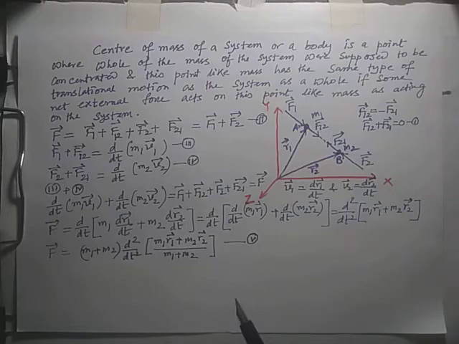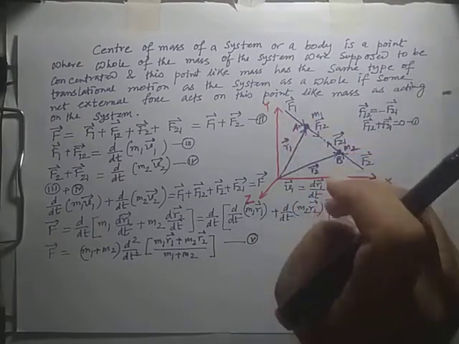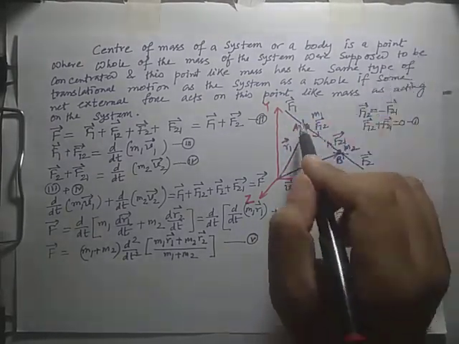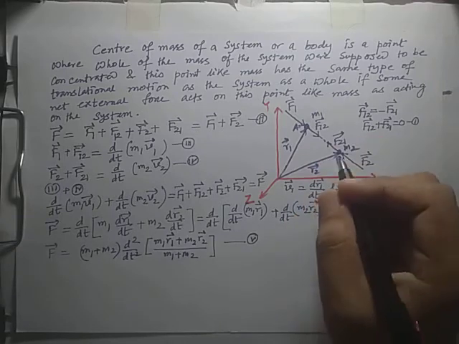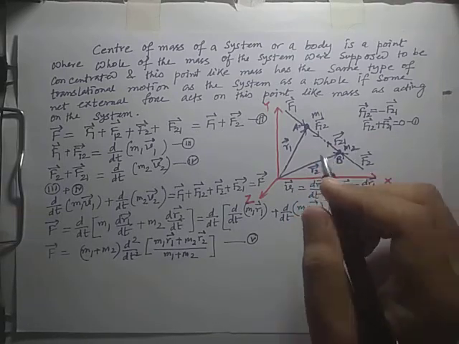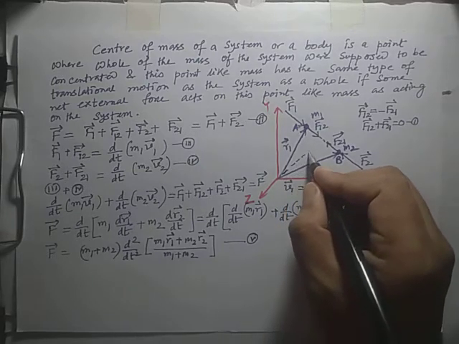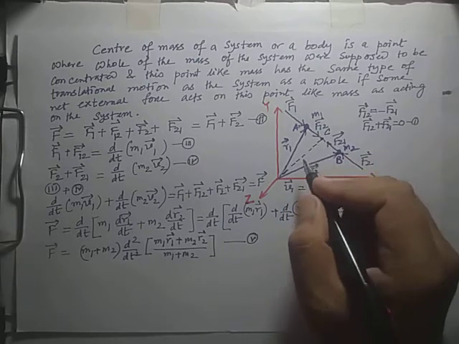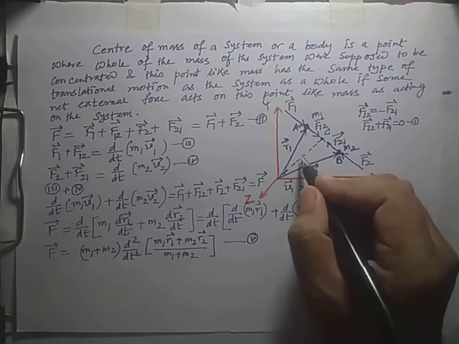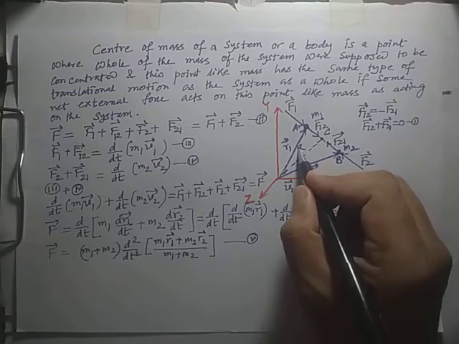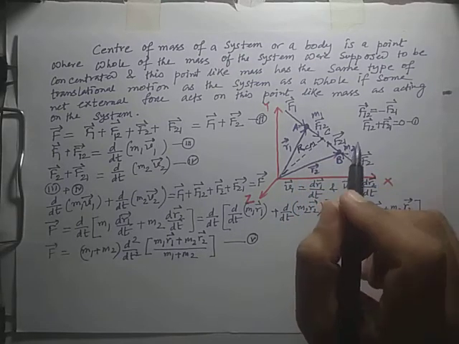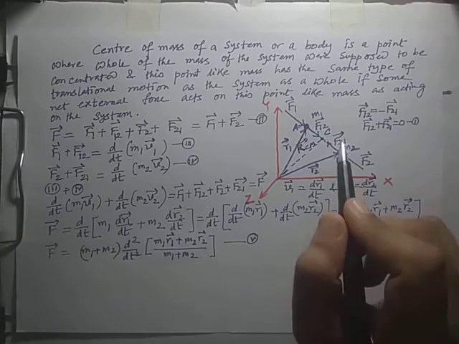Now see, there are two particle system. Total mass of the system is m1 plus m2. Suppose the center of mass is located in the point C, and the position vector of this particular point is RCM. Then what you can write about this RCM?